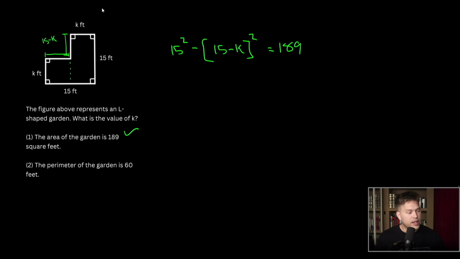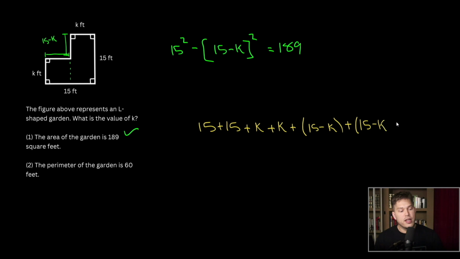Statement 2, what is it saying? It says the perimeter of the garden is 60. Well, here, what do we have? Well, we would have 15 plus 15 plus k plus k plus 15 minus k plus another 15 minus k, and we know that this is equal to 60.